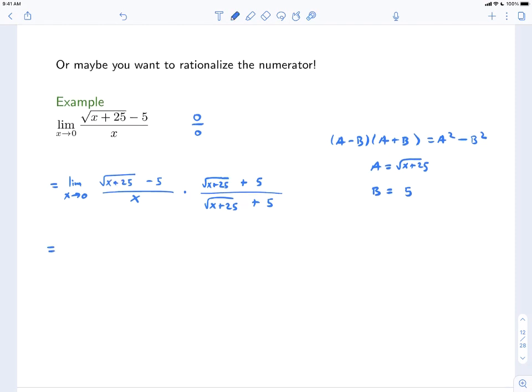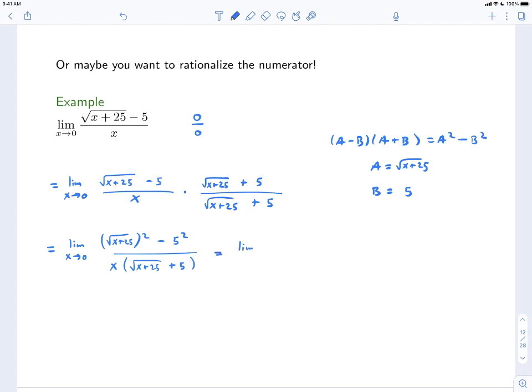And this gives us the limit as x goes to 0. In the numerator, we're going to have the square root of x plus 25, quantity squared, minus 5 squared, which of course is 25, divided by what's in the denominator, x times the square root of x plus 25 quantity, and then we add 5 to that.